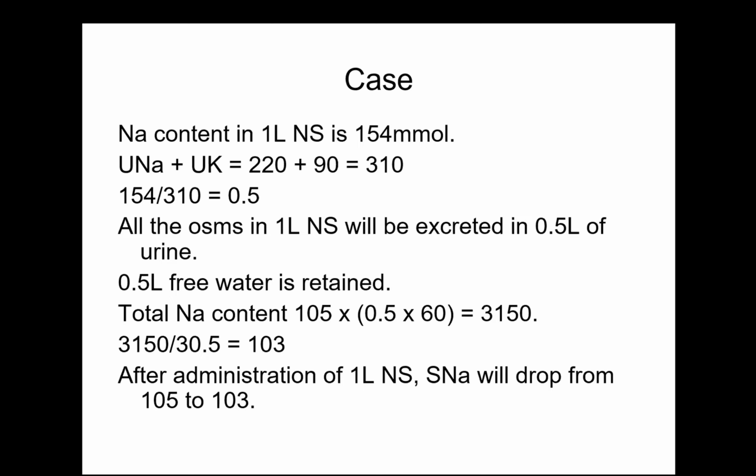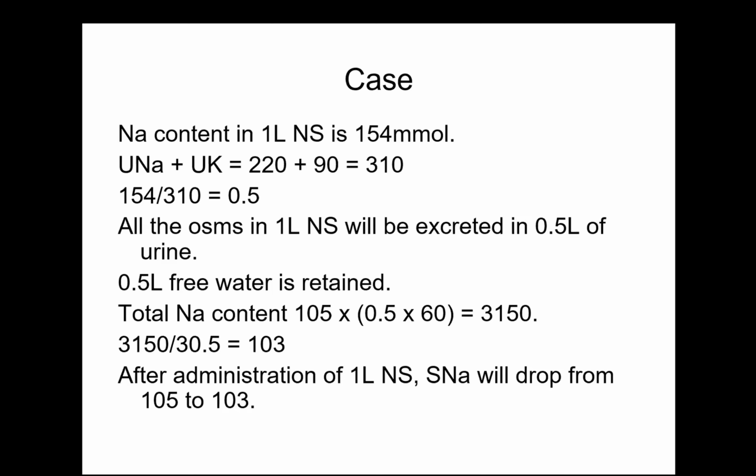So these kidneys do not need salt, right? We just said that the patient has no signs of hypovolemia, so the kidneys will not hold on to any salt. So if you gave these kidneys 154 millimoles of sodium, the body doesn't need any of the sodium. All the sodium will be excreted in the urine.